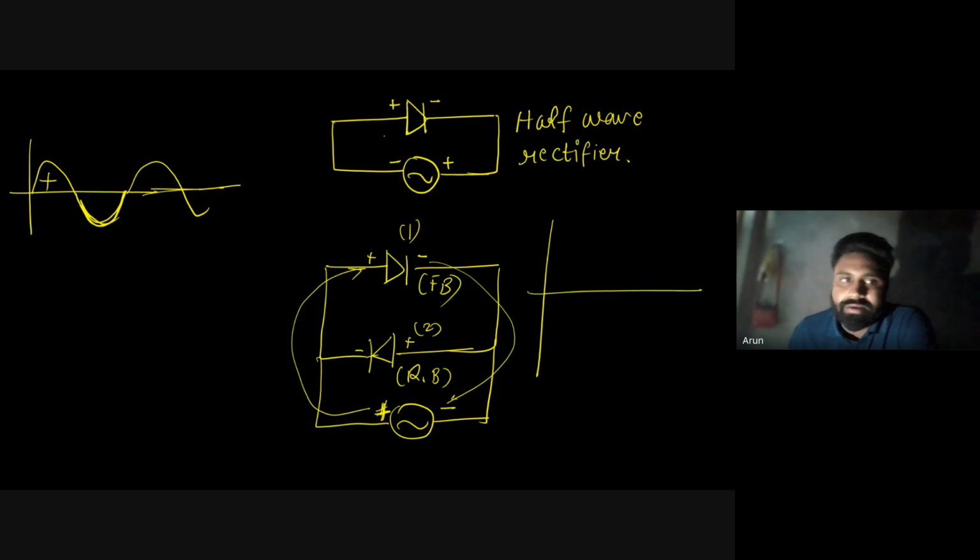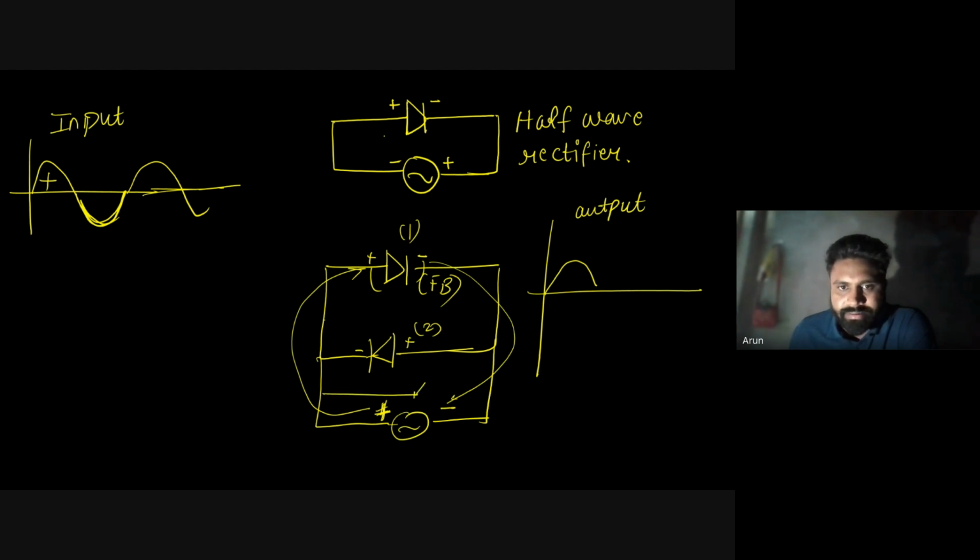So for output value of current, this is input, and this is output. So for output value of current, the positive cycle will be regained by this, because it is allowing this current to flow through it. Okay. So what will happen, if there is a load resistance here, like this is the load resistance, we have added some load resistance to it, so the circuit will complete now.